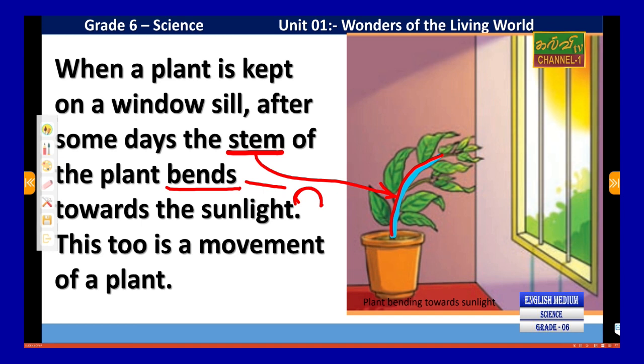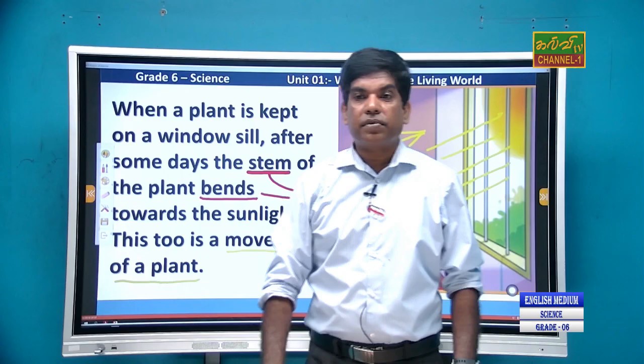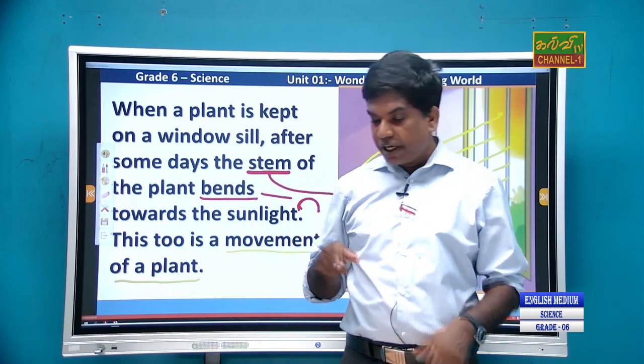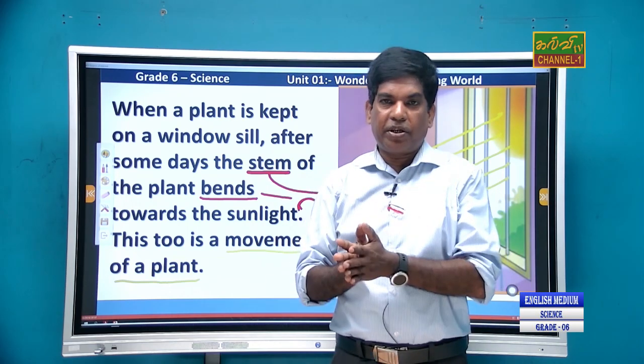The sunlight is coming from where? Yes, from outside. The sunlight is coming here. Therefore, this is towards the sunlight. Turning to sunlight is also a movement of a plant. Here we have studied some kinds of plants. When you touch them, they show some movement.